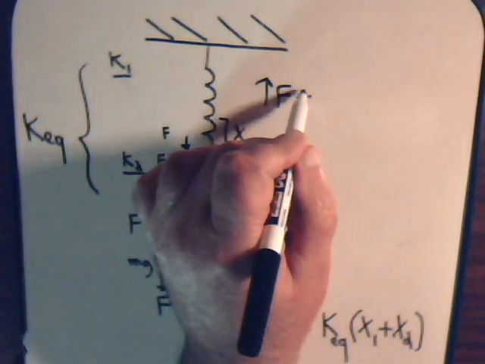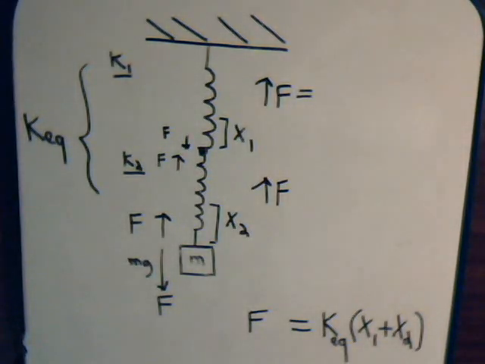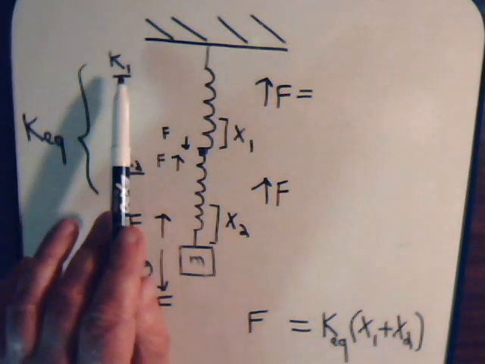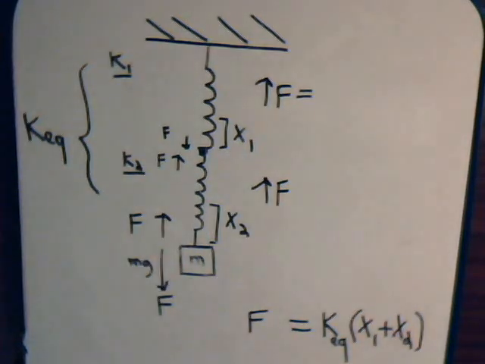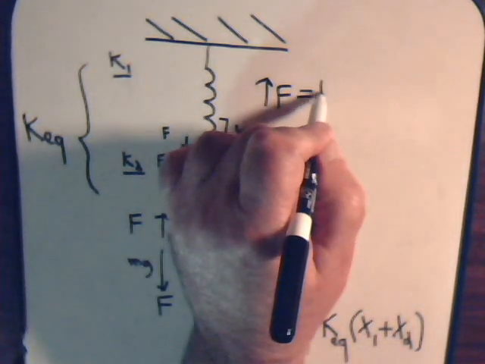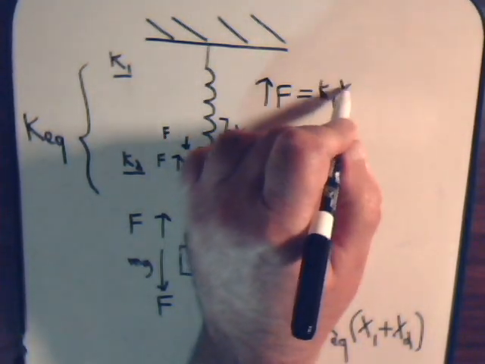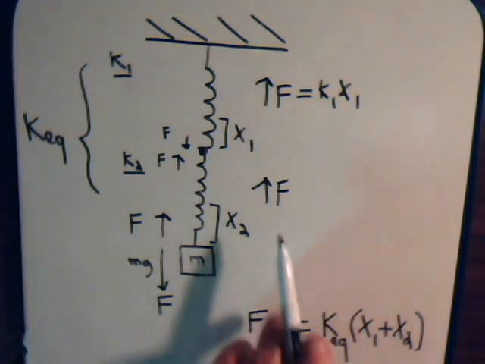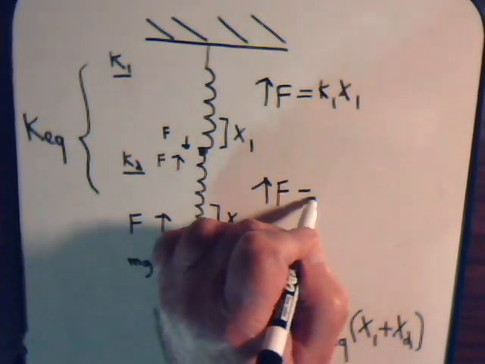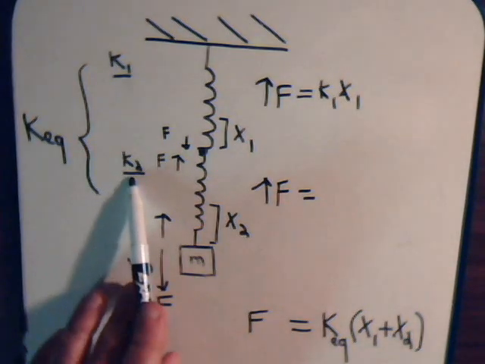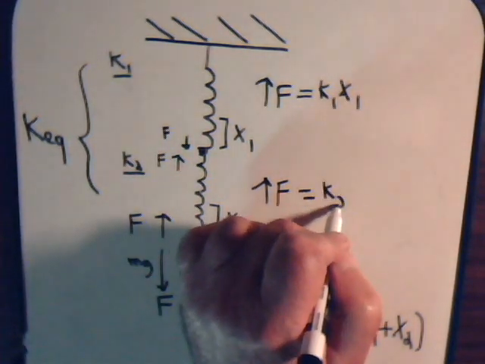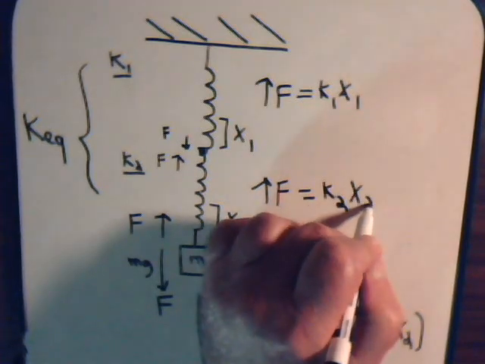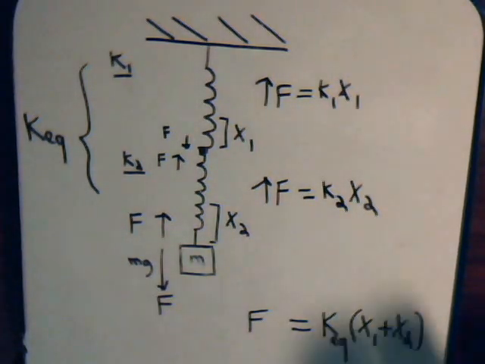But for spring 1, this is equal to the spring constant of spring 1 times its displacement. So that's K1 x1. And for spring 2, that's going to equal its spring constant times its displacement. So we also have these two equations.